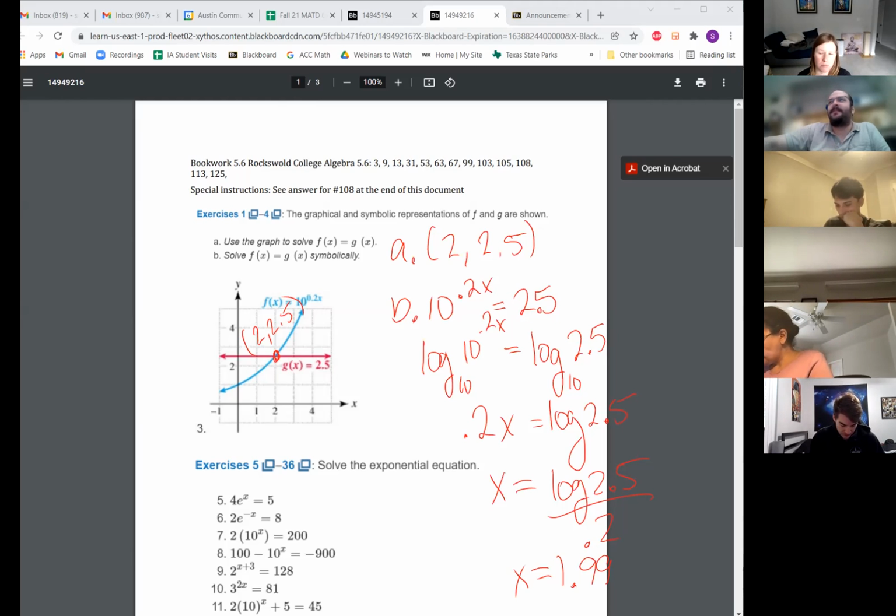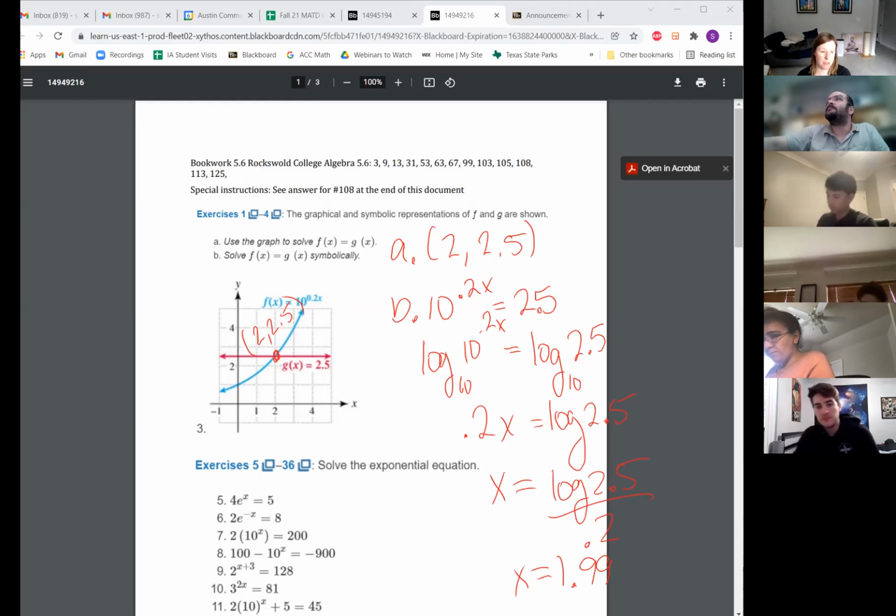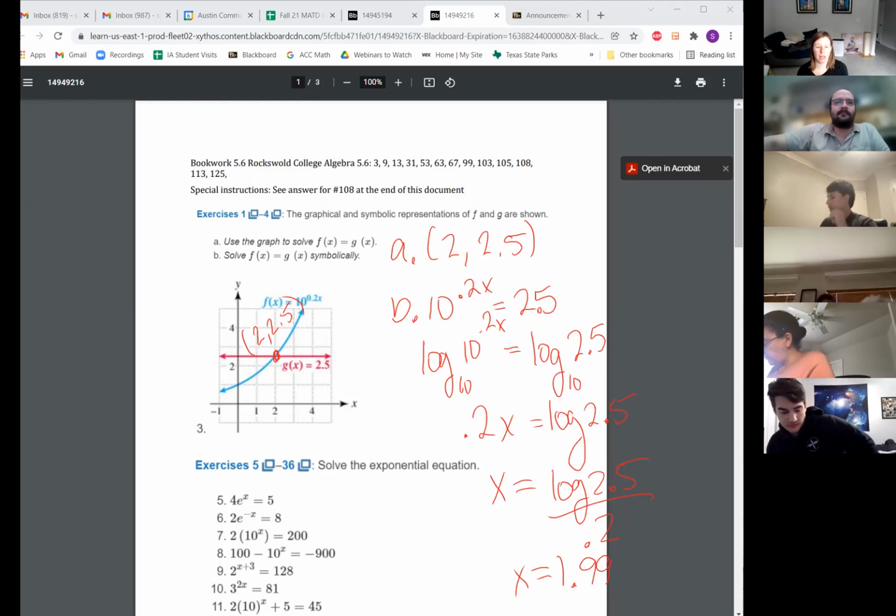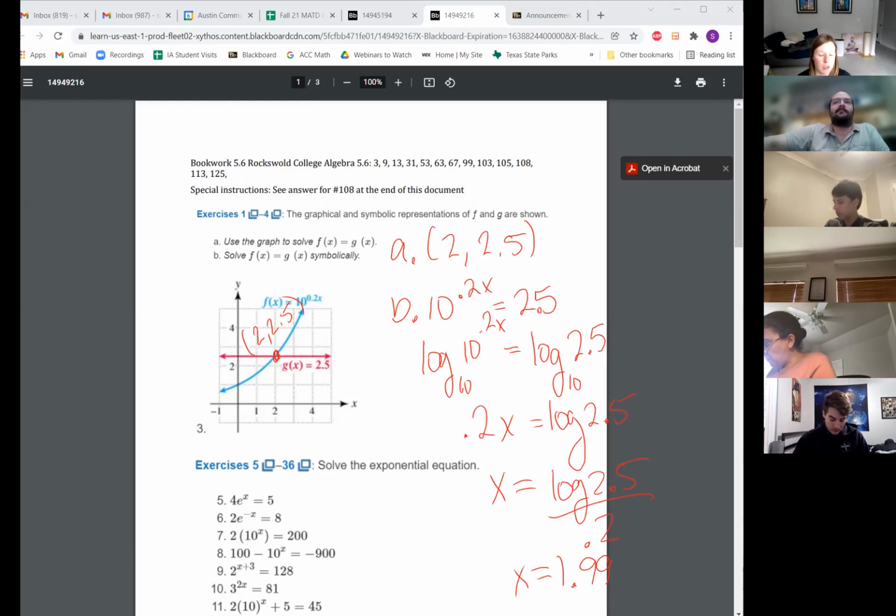If you wrote the point, I wouldn't count anything off. I would have naturally written the point, but yeah, you could write it as x is 2. But you should write x equals 2, you shouldn't just write 2 if you're going to do that. So I would either write it as a point showing that you see where they intersect, or I would write x equals 2. But I wouldn't write just 2.